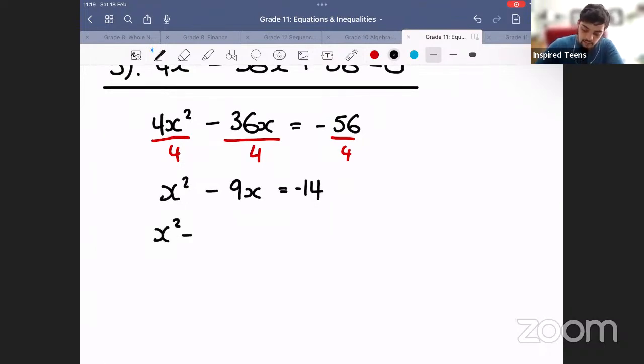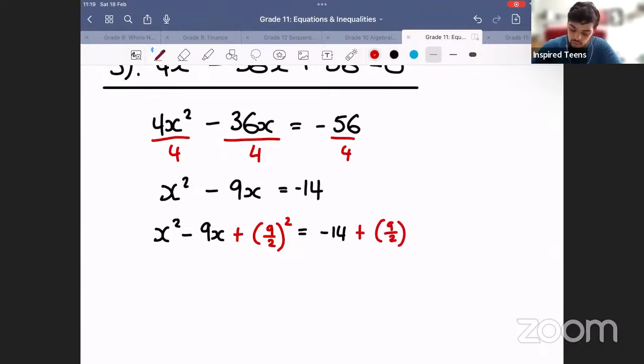X squared minus 9X plus 9 over 2 squared is equal to negative 14 plus 9 over 2 squared. Okay, let's simplify.